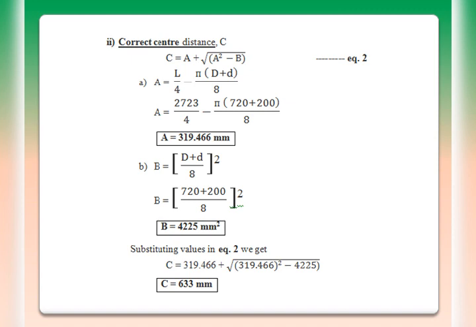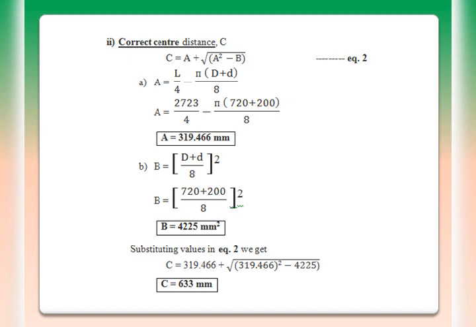Now we must find the value of capital B. Capital B is equal to (capital D plus small d) divided by 8, whole square. That is (720 plus 200) divided by 8, whole square. So we are getting capital B is equal to 4225 mm square. Now we need to substitute these two values A and B in equation number 2. We are getting capital C is equal to 319.466 plus square root of 319.466 square minus 4225.